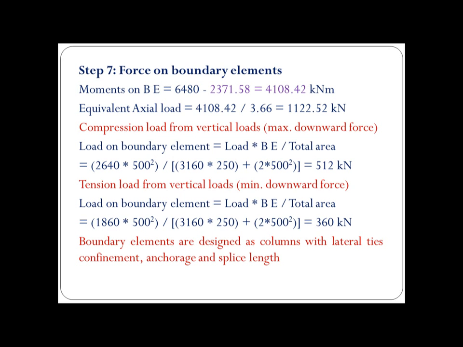Boundary elements are acting as a couple. One is in tension, the other is in compression. So the force on boundary elements: this equation is given in our code 13920. The difference in moment upon the center to center distance between the boundary elements gives us the equivalent axial load resulting from the moment.